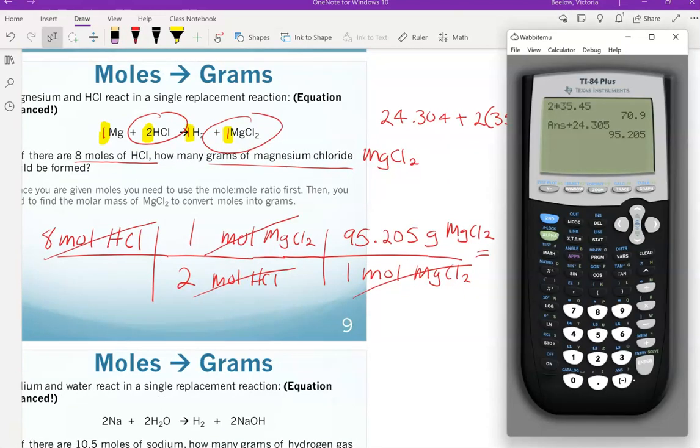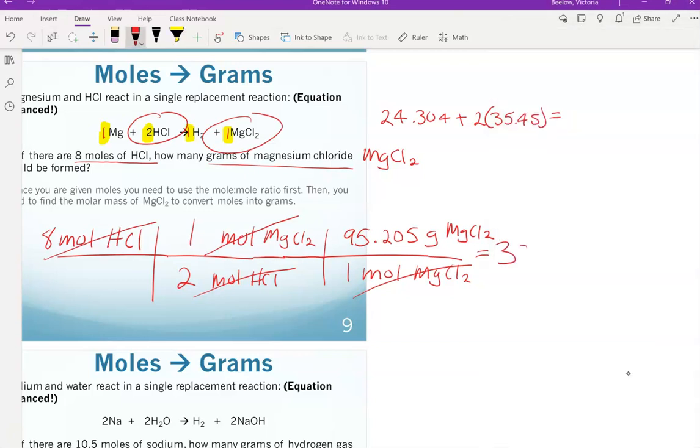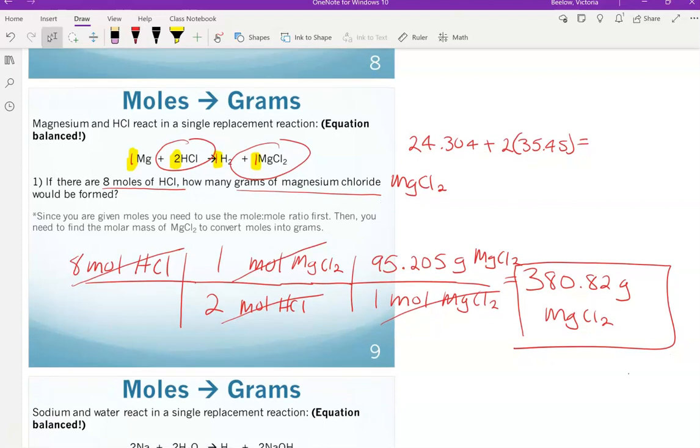So 8 times 1 times 95.205. And then we're going to divide it by everything multiplied together in the bottom, which is just 2. We get our final answer, 380.82. 380.82 grams of magnesium chloride. Make sure you're writing for your final answer if it's in grams or moles, and then what substance it is.